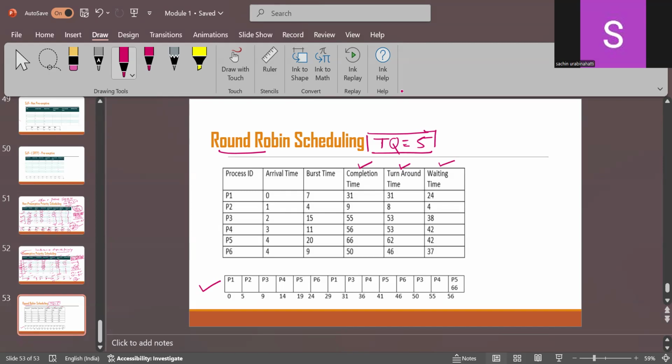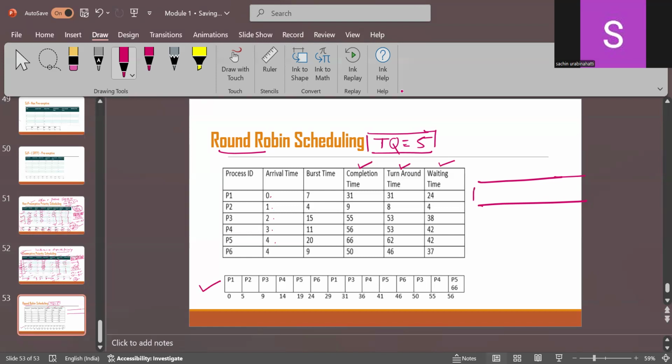This is a bit different from all other algorithms. First, sort according to your arrival times. The arrival times here are 0, 1, 2, 3, 4, 4. Let us make one queue and arrange the processes by arrival time.